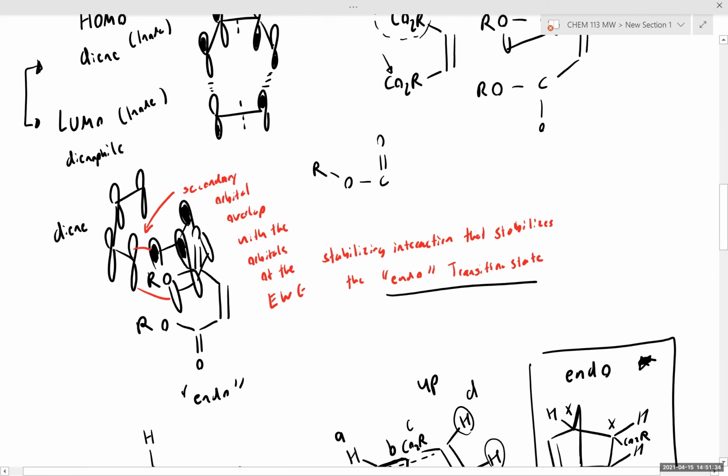Yes. Though when you talk about secondary orbital interactions, it gets a little more complicated than just same phasing overlapping. The main thing is the orbitals present in your diene can interact with the conjugated pi system in the electron withdrawing groups on your dienophile, and that can help stabilize the transition state.